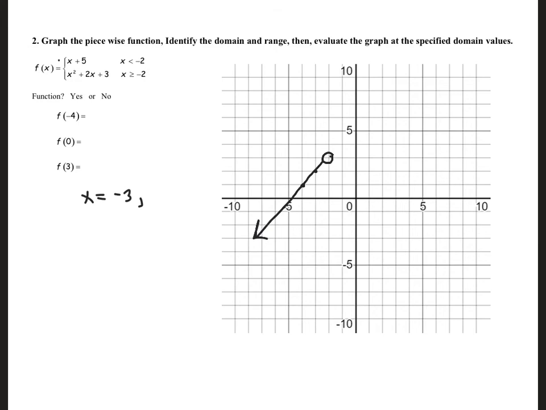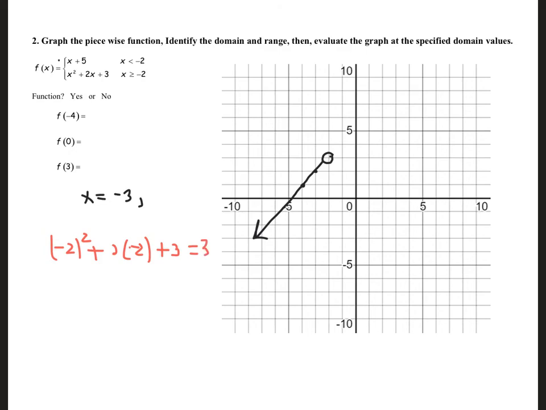So I'm going to plug in -2. What do I get when I plug in -2? So -2 squared plus 2 times -2 plus 3. And this is 4 minus 4, plus 3, that's going to be 3.